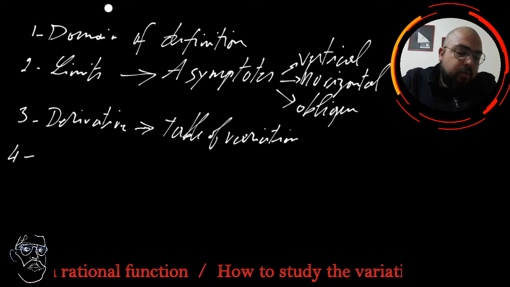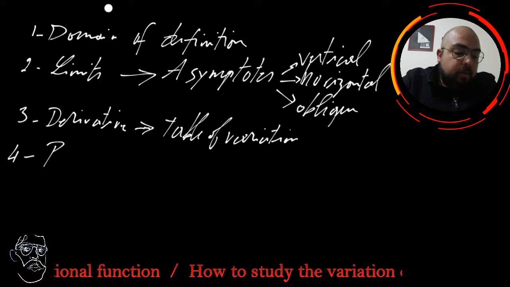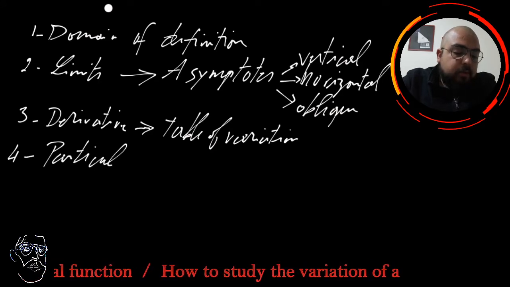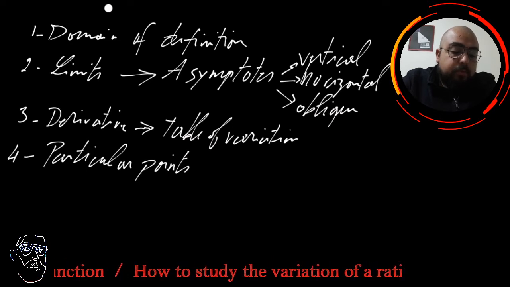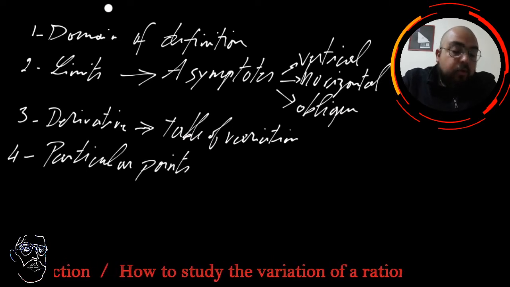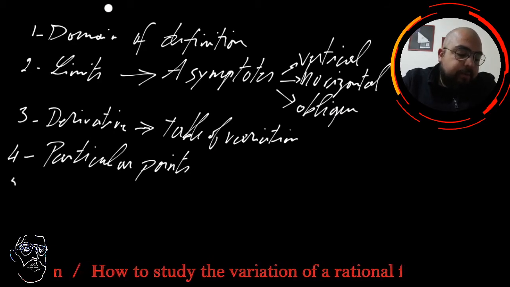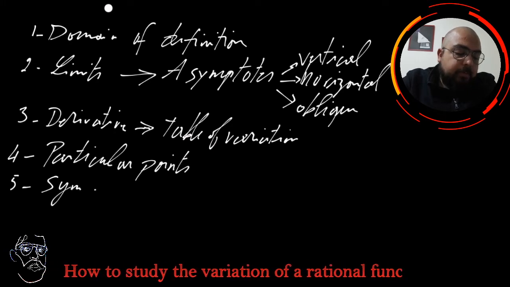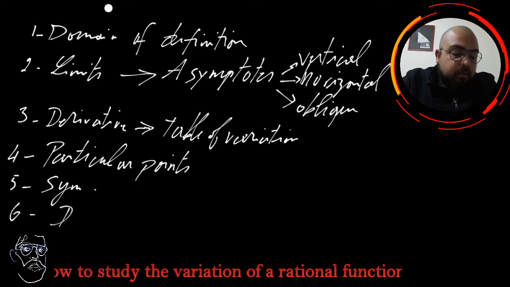Fourth point, it will be to find some particular points. These particular points will help you to draw your curve. Of course, the fifth step, if there is a symmetry, you can talk about a certain symmetry. And sixth step is to draw the curve.